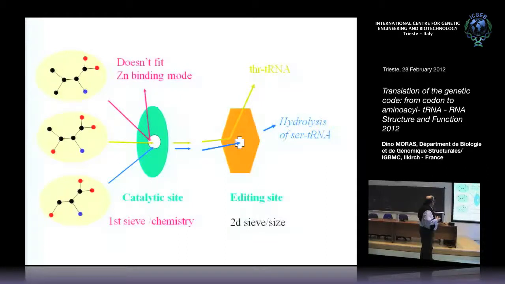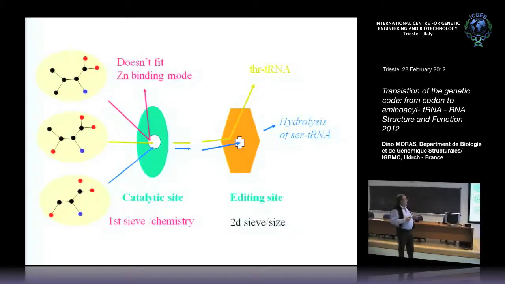Then the other one is the hydrolysis, where you have the size, which means that on the editing site, in this case, you play the opposite of what I said before. This site is designed for this serine. And of course, the good amino acid, being too big, won't bind. It's the opposite of the other. The other will bind, both bind, but one less than the other.